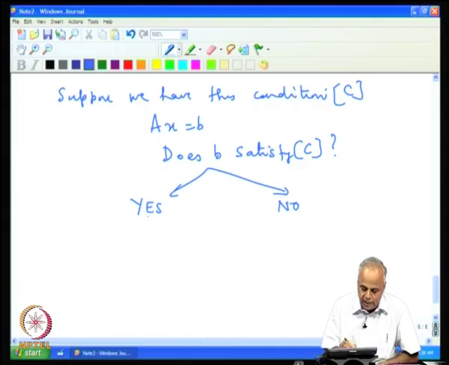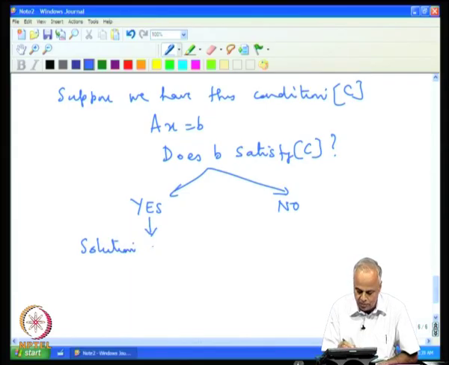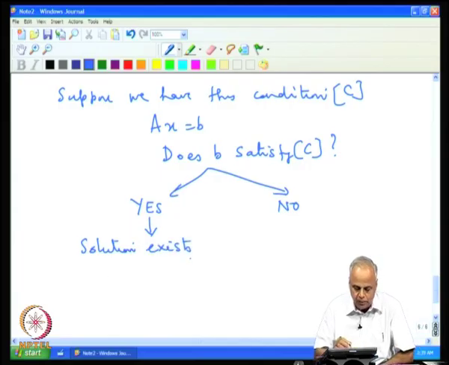When the answer is yes, what is the conclusion that we can make? We can say solution exists. When we say solution, we refer to the system Ax equal to B. So, we know that the solution exists. Then the fundamental question is how many solutions exist?